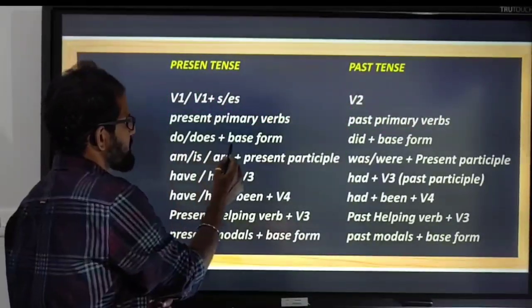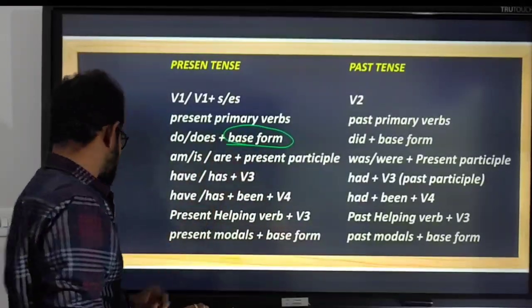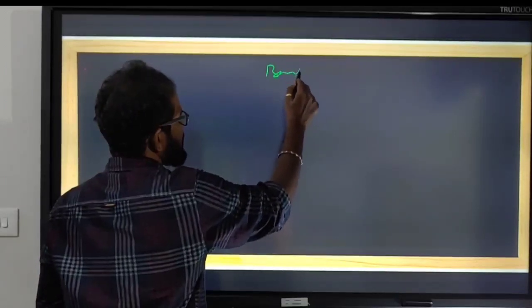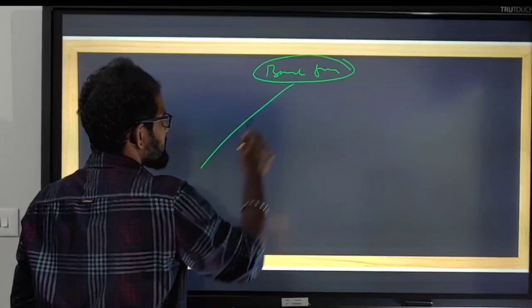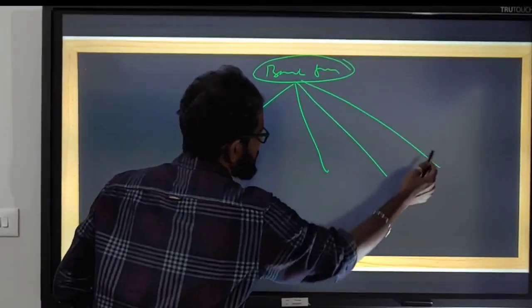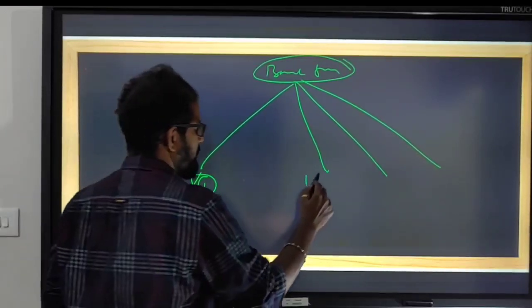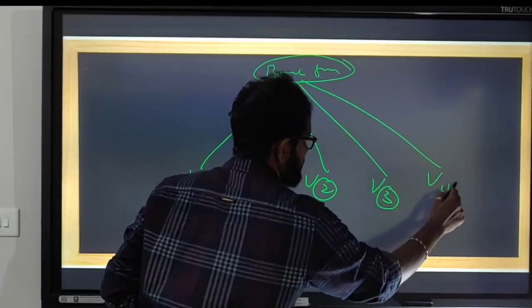Next, do, does plus base form. So we need to know what a base form is. Every verb has a base form, and that verb has 4 forms: V1, V2, V3, V4.